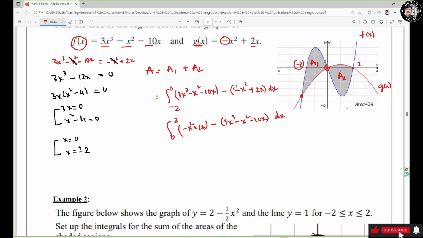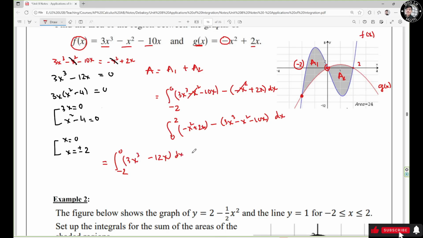Now you're going to distribute the negative sign, so the first integral from negative 2 to 0: the negative becomes positive, so you have positive s squared and negative s squared cancelling out. Negative 2s and negative 10s make negative 12s. You'll write 3s cubed minus 12s ds.